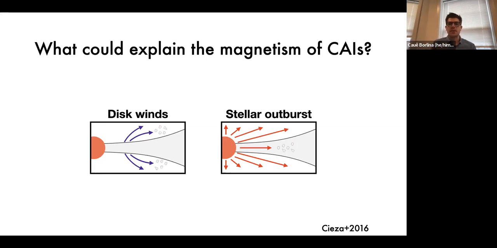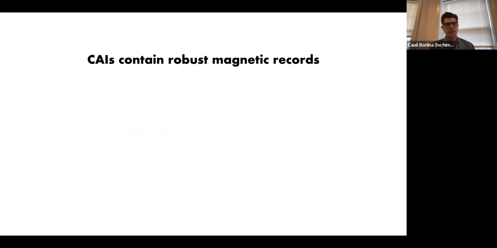So you could envision a scenario here where the CIs form close to the sun, they move further out through, for example, MRI, and then a stellar outburst happens and heats up the entire disk to a temperature above the Curie temperature. And then when it cools down, the CIs acquire the magnetic record from those regions further out. So those two mechanisms, either disk winds or the presence of MRI together with stellar outbursts, could explain the magnetism of CIs that we're observing here.